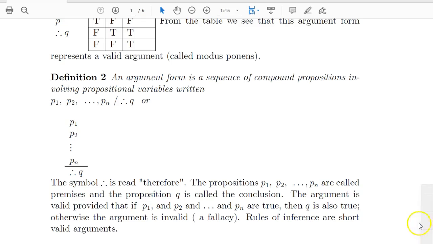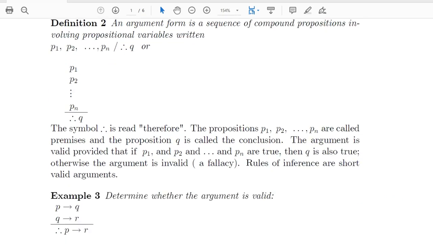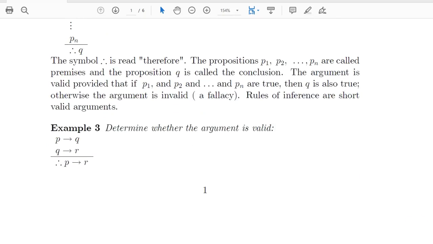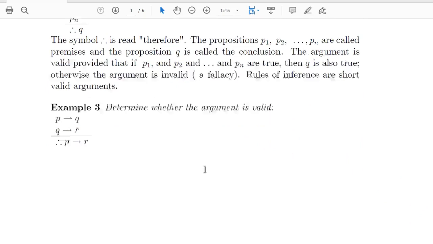If there is at least one exception, then the argument form is not valid, and we call it a fallacy.